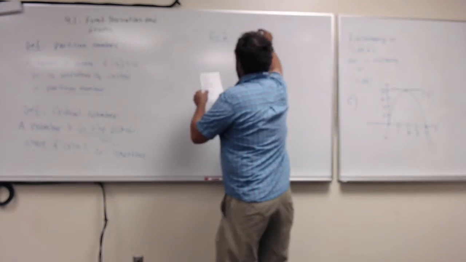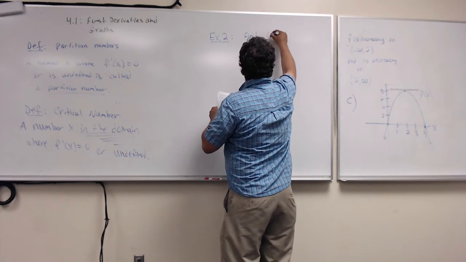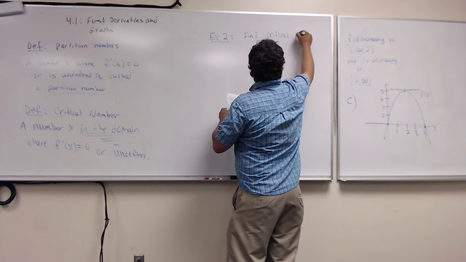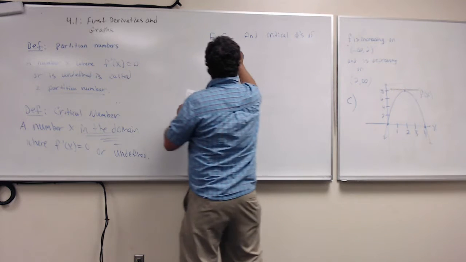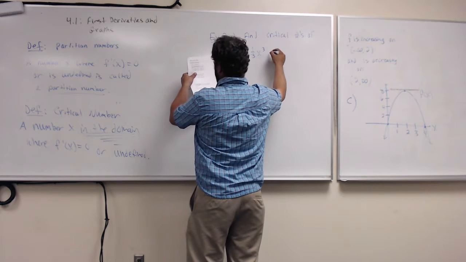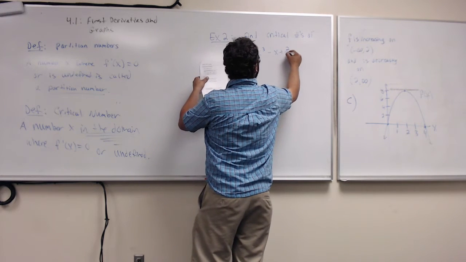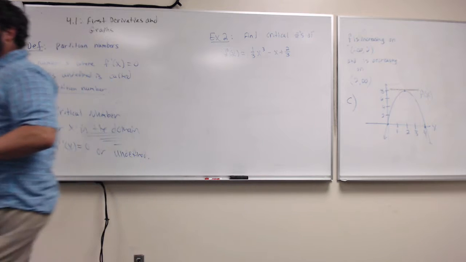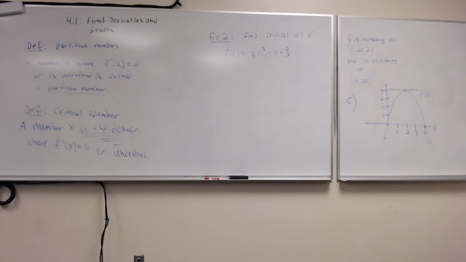So we're going to find the critical numbers of the function f of x equals 1/3 x cubed minus x plus 2/3. I could have just told you that a critical number is a partition number that's in the domain.